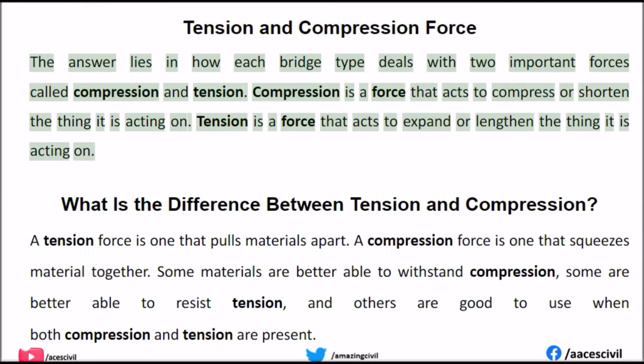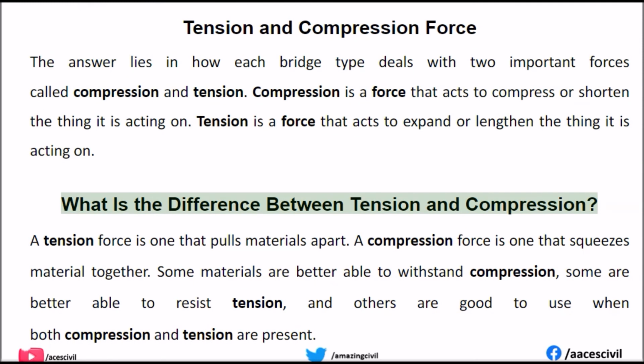The answer lies in how each bridge type deals with two important forces called compression and tension. Compression is a force that acts to compress or shorten the thing it is acting on. Tension is a force that acts to expand or lengthen the thing it is acting on.